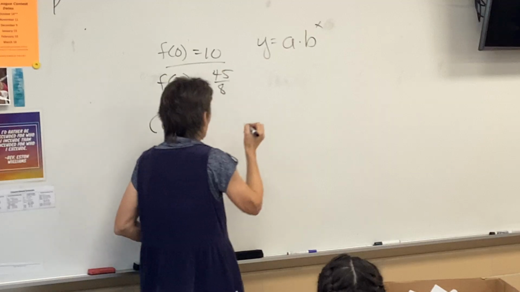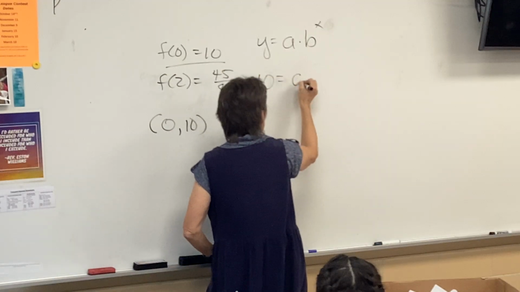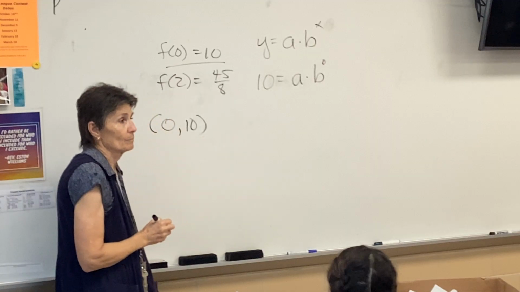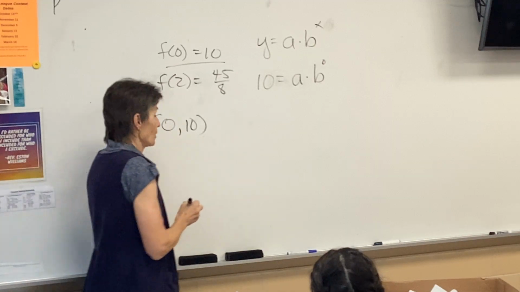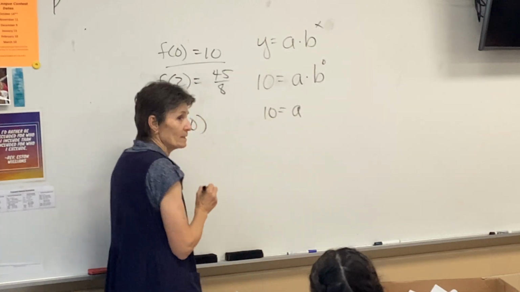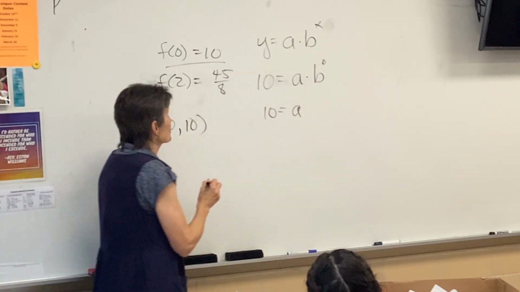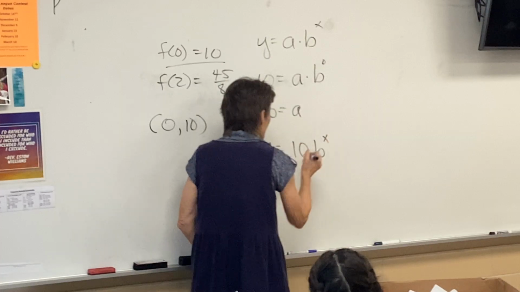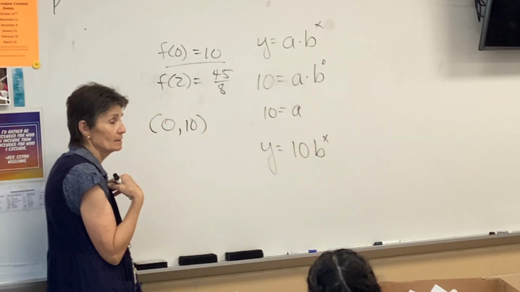So we're going to plug in 10 equals A times B to the 0. So A is 10. Would everybody agree with that? Yes. So Y equals 10 B to the X is where I'm at right now.